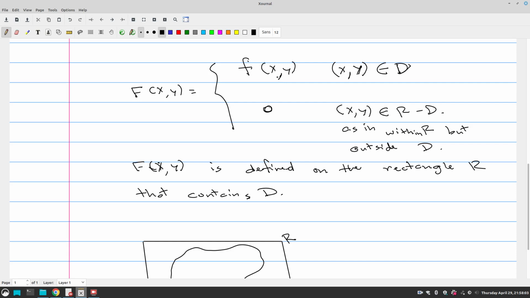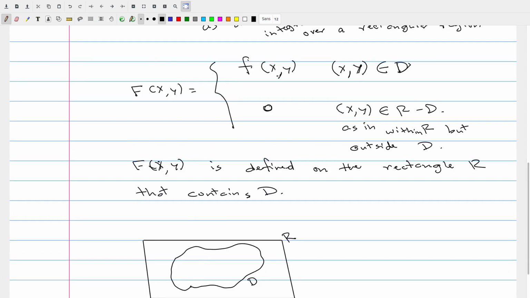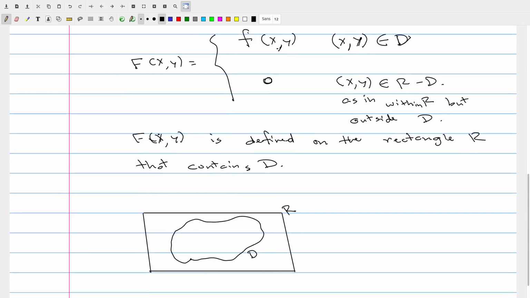Now with this definition of capital F, we can write this integration over region R of F dA.